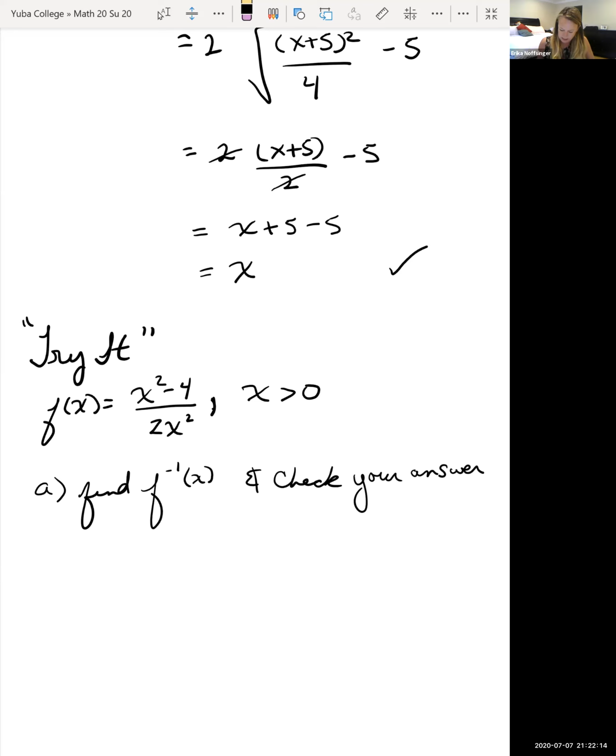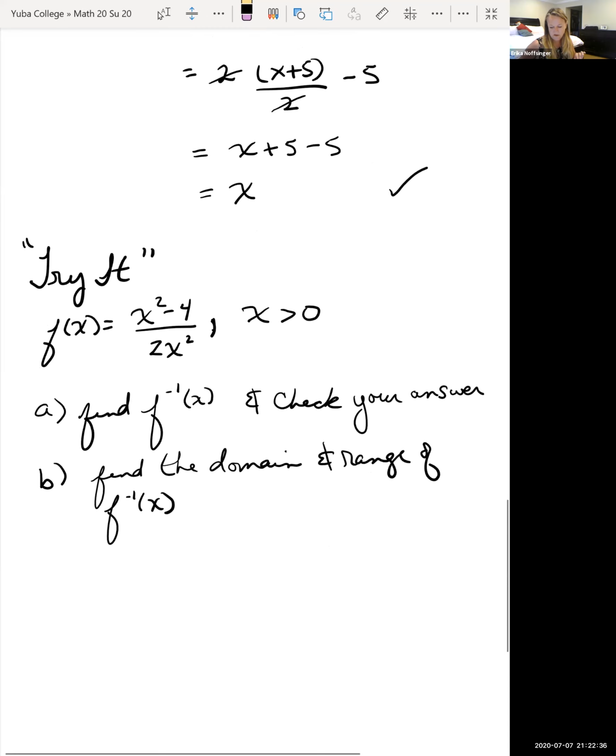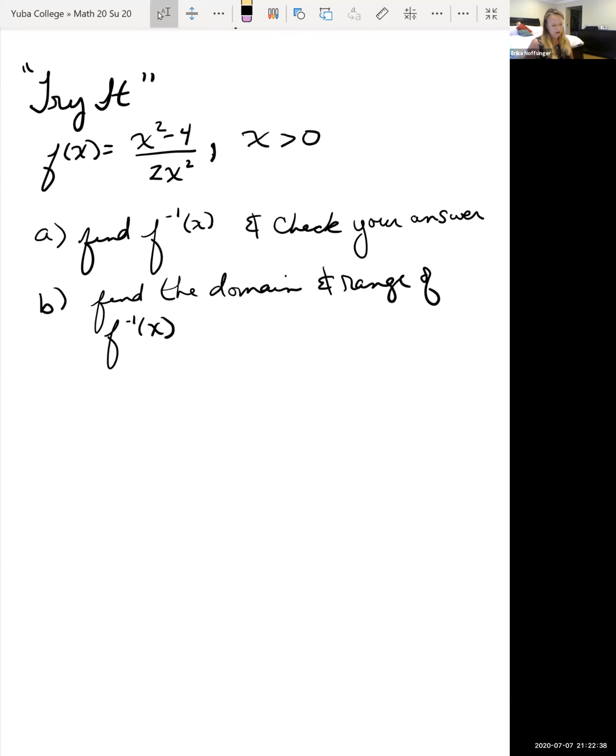In part B, find the domain and range of f and f inverse of x. Okay, so why don't you guys take a moment and try that.